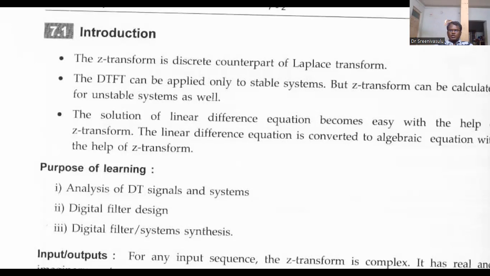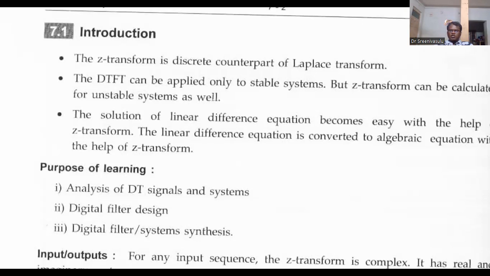Suppose we are considering a discrete time sequence that is unstable. Again, the discrete time Fourier transform fails. So whenever the discrete time Fourier transform fails, then we go for the Z transform. That is the first thing.